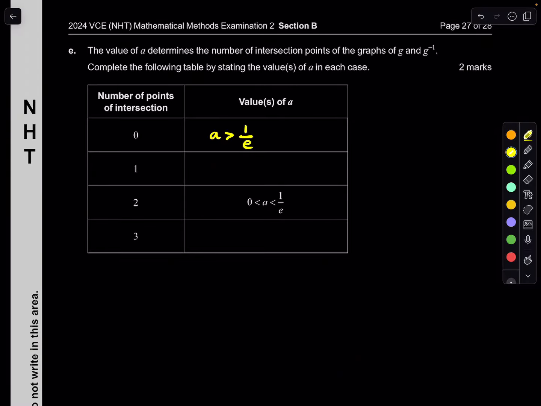For 1 point of intersection, we said it was negative e, included, to 0, not included, and union the specific point, 1 over e. Don't forget this point, 1 over e, also. And so we've already done 2. What about 3? We said 3 was just A is less than negative e. Those are your answers. I hope those are correct.